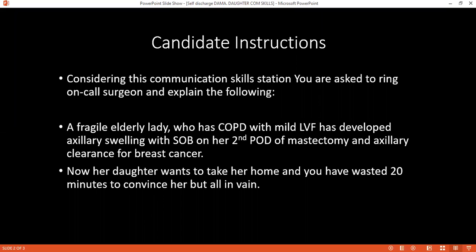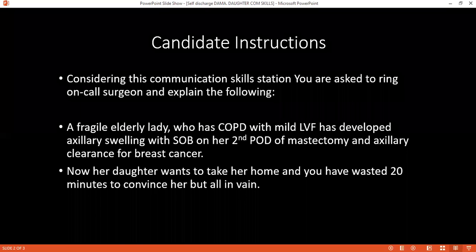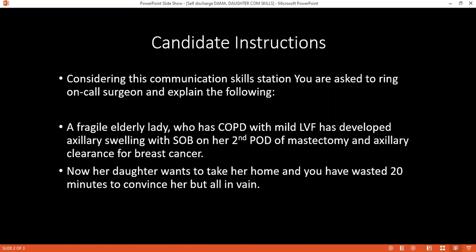Okay. And what will you do if they insist on going home? So what will you do if the daughter has convinced her mother to go home? What do you do now?